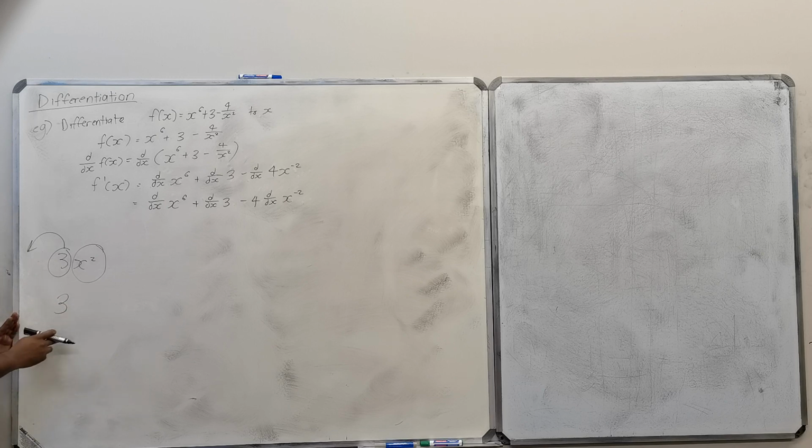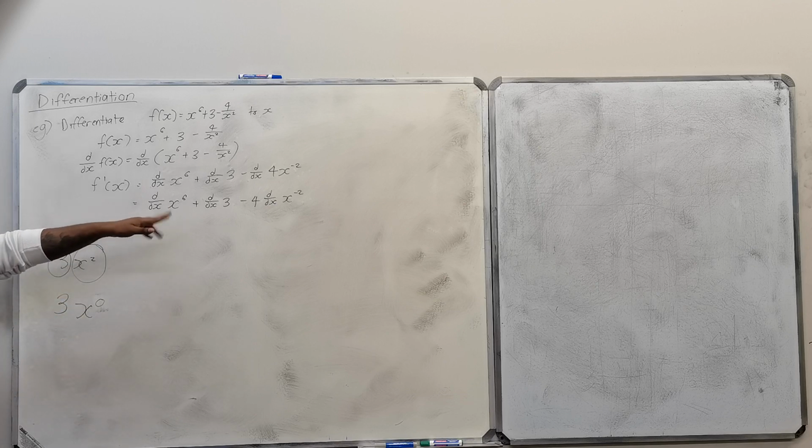This here is 3x to the power 0. Sorry, I lied, it's not x to the power 1, because if it was x to the power 1, it would be 3x.